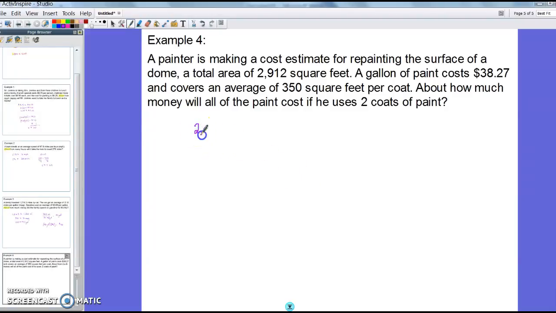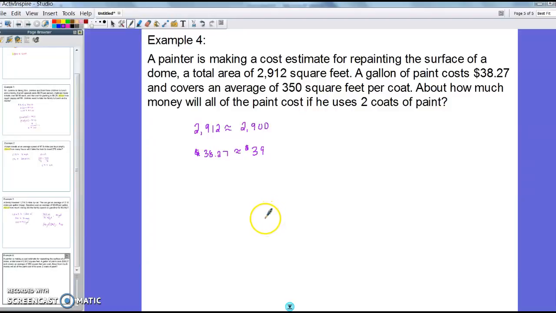Okay, so here we go. 2,912 is going to round to about 2,900. $38.27, we always round our money up. We should always round it up when we're talking about the cost of things. So in this case, we'll call that $39. The other numbers we don't need to round because they're all in good shape.